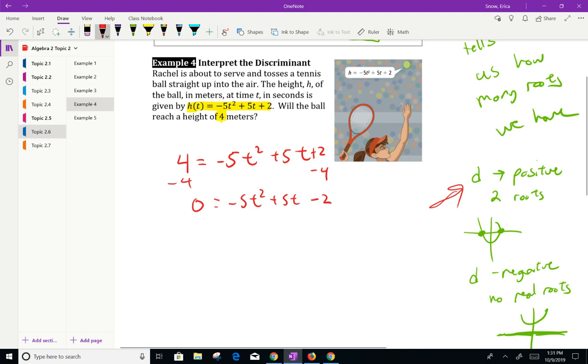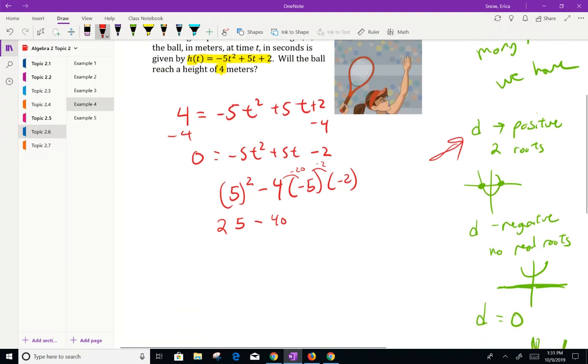To figure out if D, our discriminant, is positive or negative, we use B squared minus 4 times A times C. So this is 25 minus, and then 4 times negative 5 is negative 20, times negative 2 is positive 40.